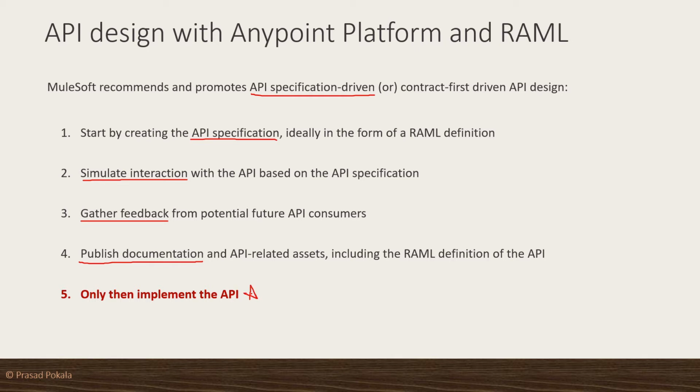So until the first four which we discussed are done and properly established, MuleSoft does not recommend starting the API implementation. We first create the API specification as a RAML or any other supported specification mechanism, then simulate the interactions, gather the feedback from the potential future API consumers, publish the documentation and all the related assets to the exchange, and only then start the API implementation.